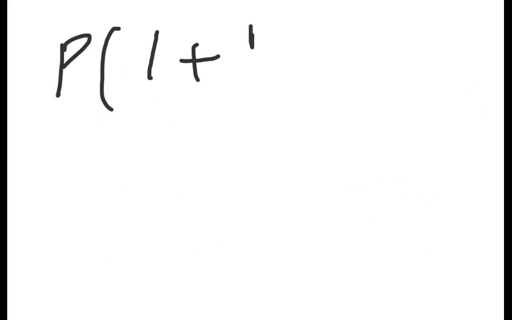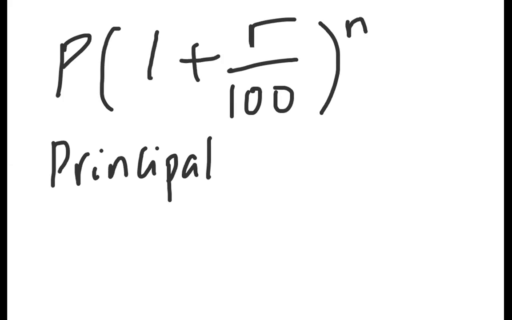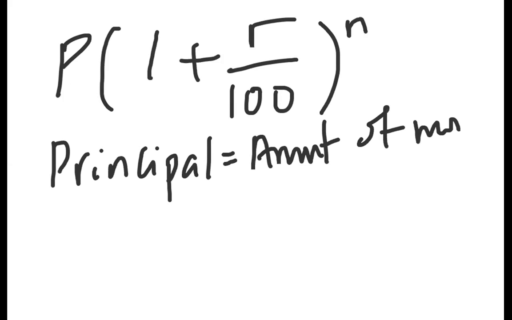The first formula is the total amount of compound interest: P times 1 plus R over 100 to the power of N. P is the principal, which means the amount of money you put in at first.